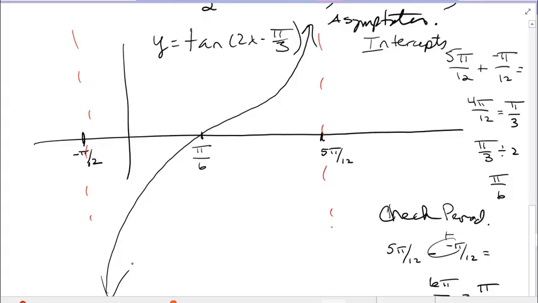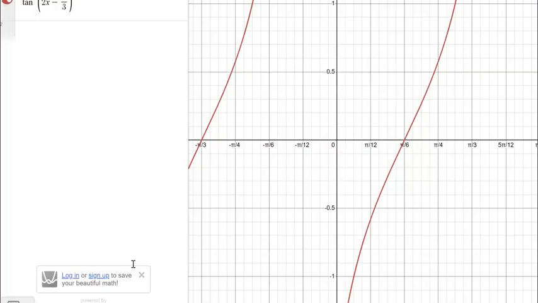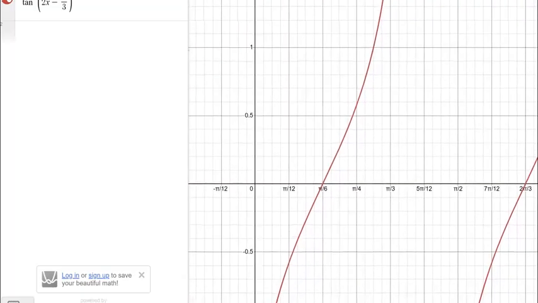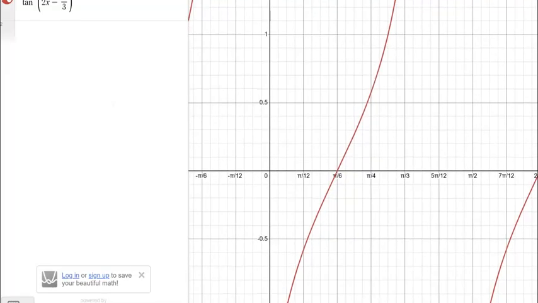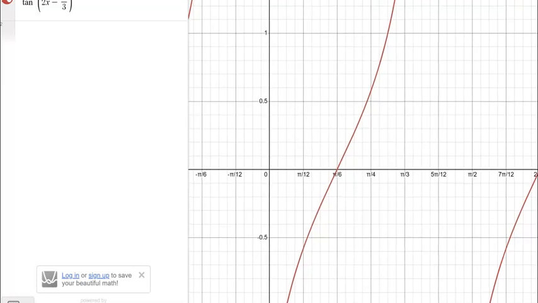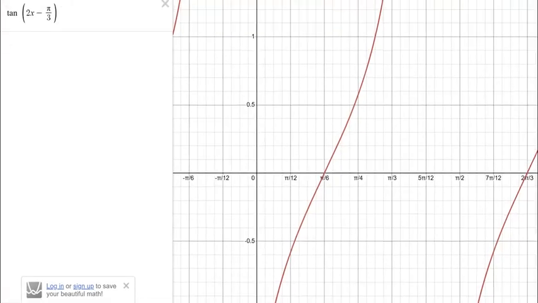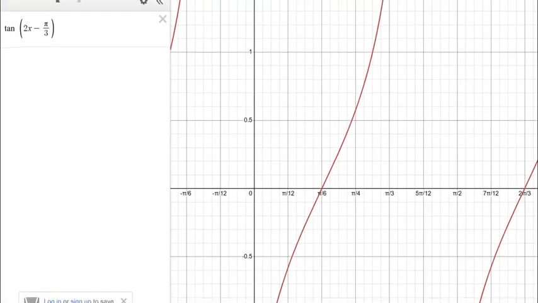If you're not sure, you can pop onto Desmos. There it is. I already have it on there. Let me move it so it's in the screen. I put in the graph. You can see I put in 2x minus pi over 3.